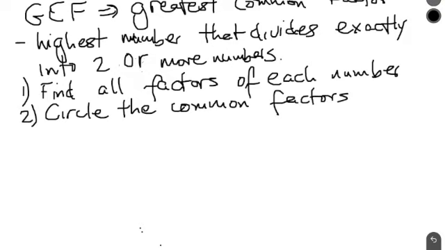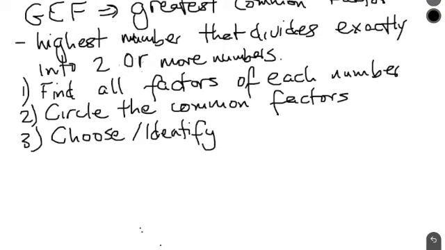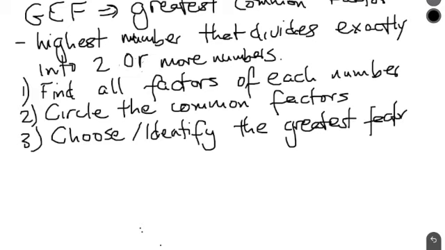And then once we circle the common factors, the greatest common factor is the greatest number of all of those factors. So now we want to choose or identify the greatest factor. And we'll do an example to show you exactly what I mean.